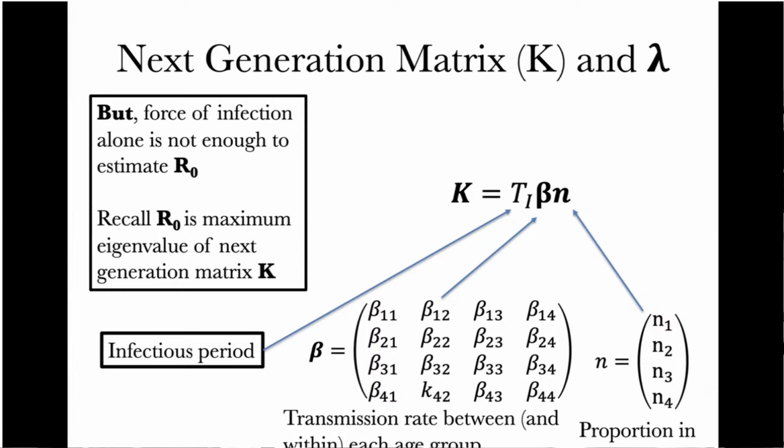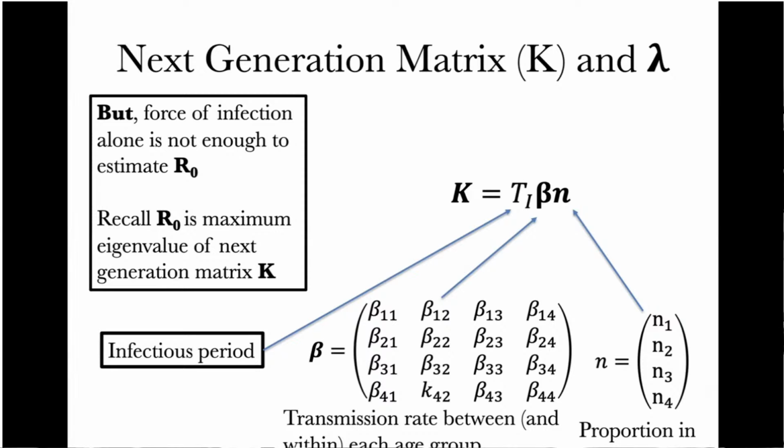If you do a matrix multiplication, the dark part, beta n, it will give you this part. For the first row, you sum the product of beta 1.